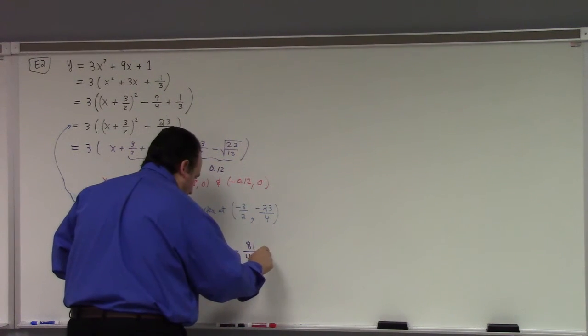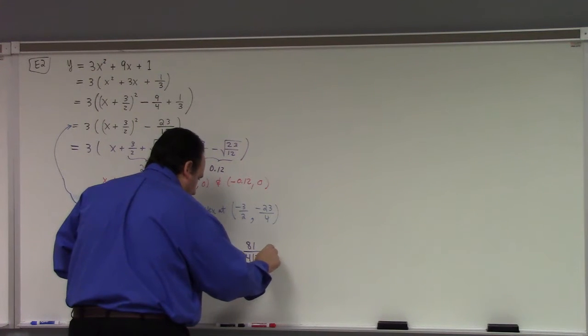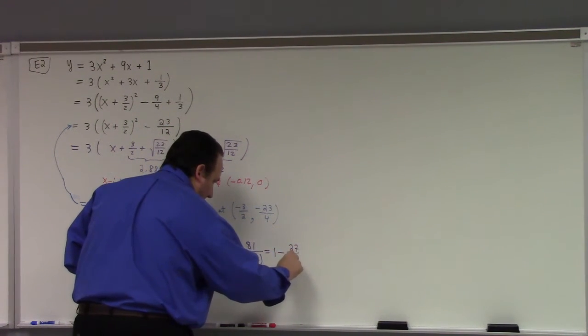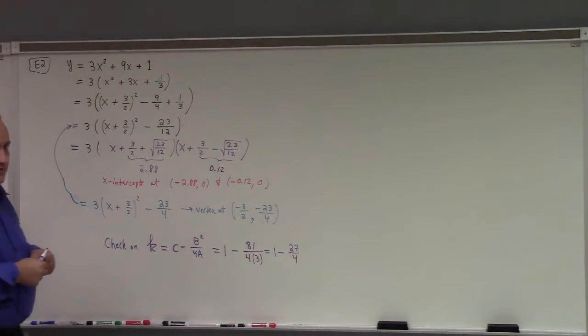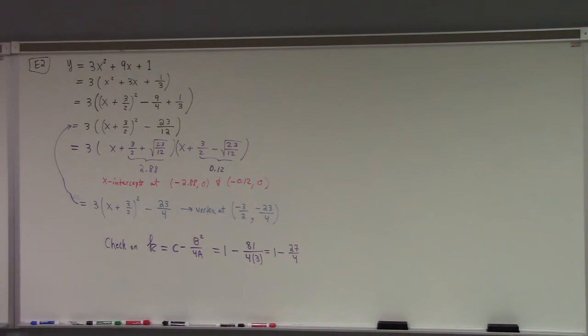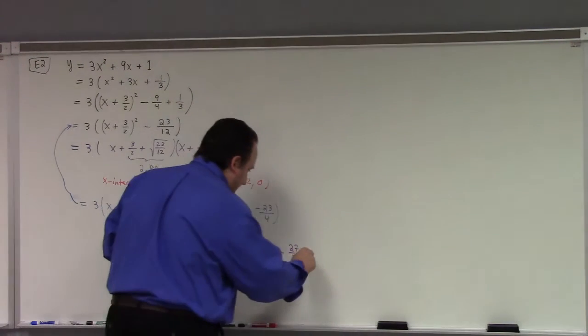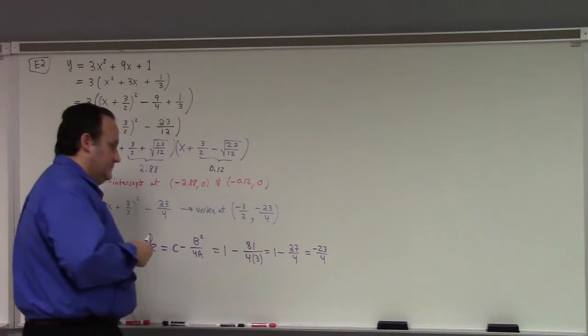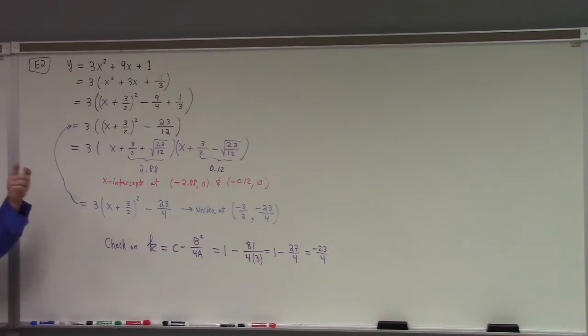So what we got there is 1 minus 27 over 4, which is 4 over 4 minus 27 over 4, which is indeed minus 23 over 4. So it checks. 81 is 3 times 27. That's why I canceled the 3's. But anyway, we have all the information we need and more to graph it.